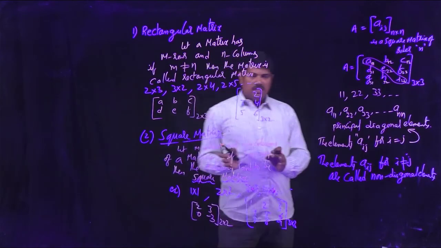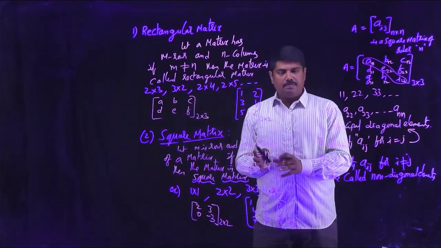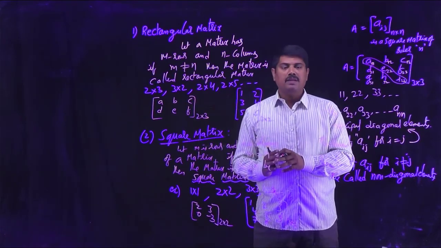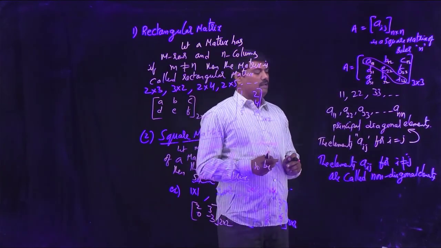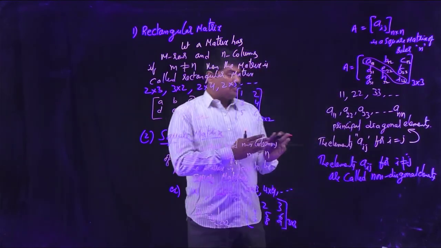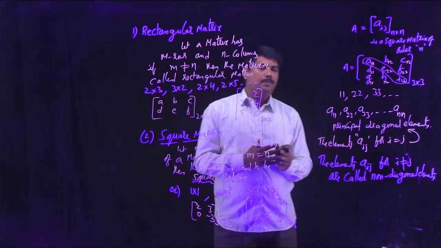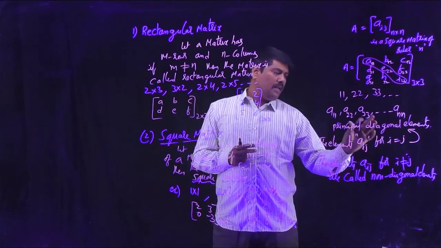So we observed the definition of a square matrix, and we have some concepts based on the row and column numbers of the elements of the square matrix. Some constitute the principal diagonal elements, and some constitute the non-principal diagonal elements, which is based on the position of the element. So what are principal diagonal elements?